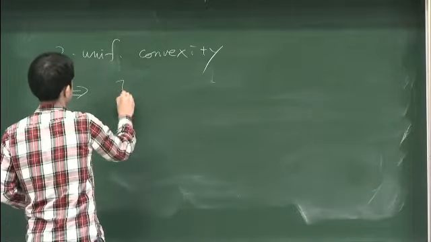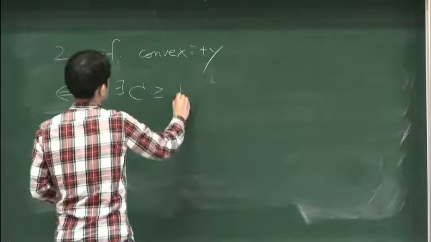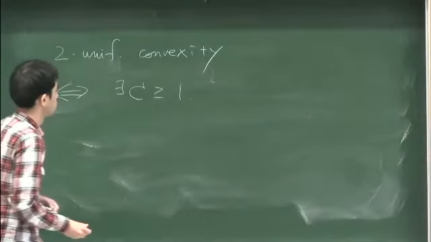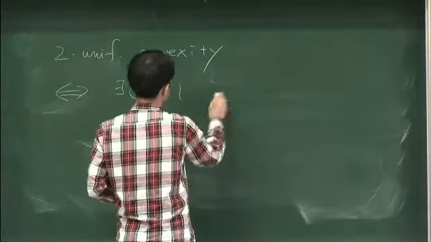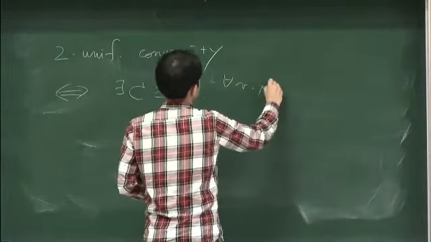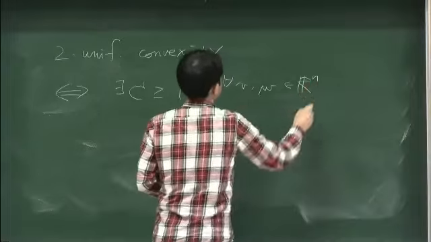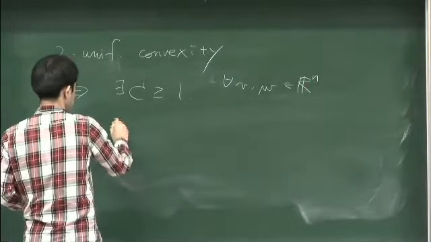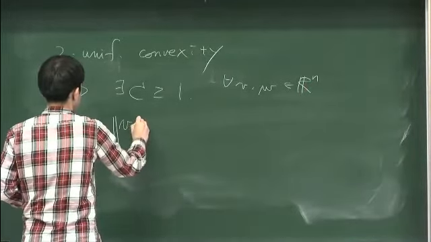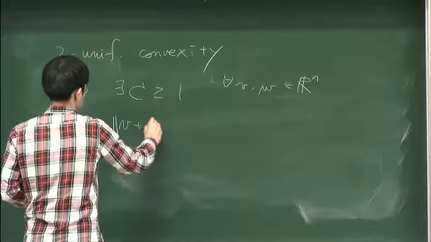It's like some constant c not smaller than 1, and for any two vectors we have this kind of convexity.